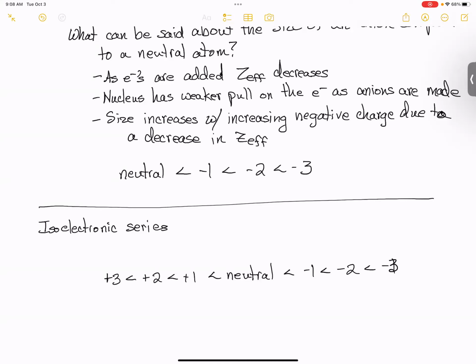There was the isoelectronic series. And there is, in a sense, Z effective for formation of cations and Z effective for the formation of anions. Questions?